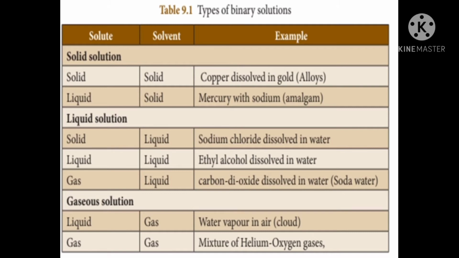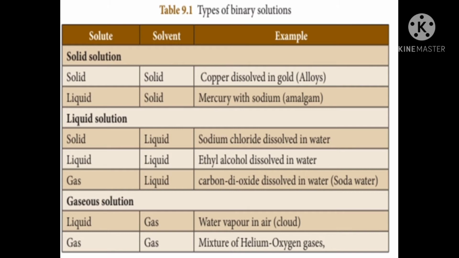Mercury with sodium is called an amalgam. Amalgam means an alloy of mercury with another metal. It may be a liquid, a soft paste or a solid depending upon the proportion of mercury.